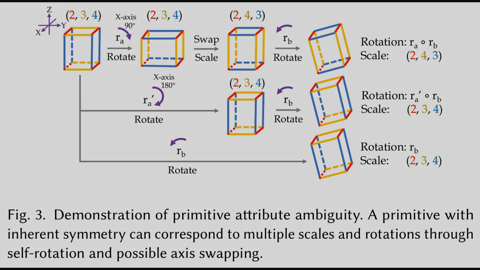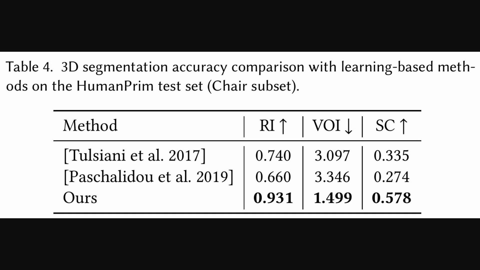Okay, so with that ambiguity-free parameterization helping to stabilize learning, this table then dives into some hard numbers. It compares the 3D segmentation accuracy of PrimitiveAnything with other learning-based methods, specifically on a chair subset from their HumanPrim test data.